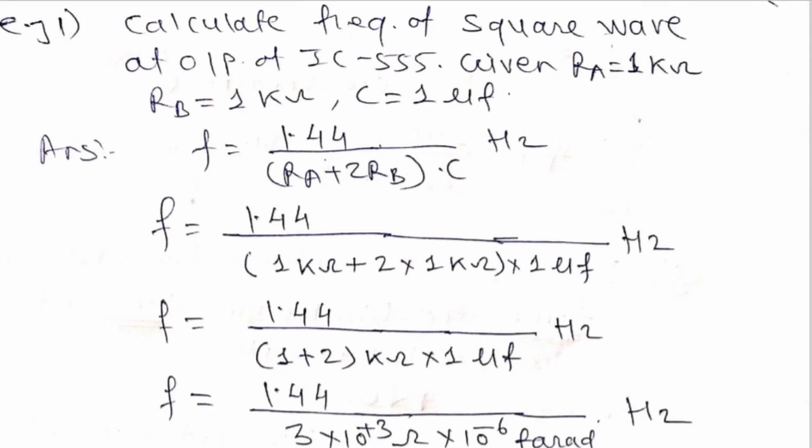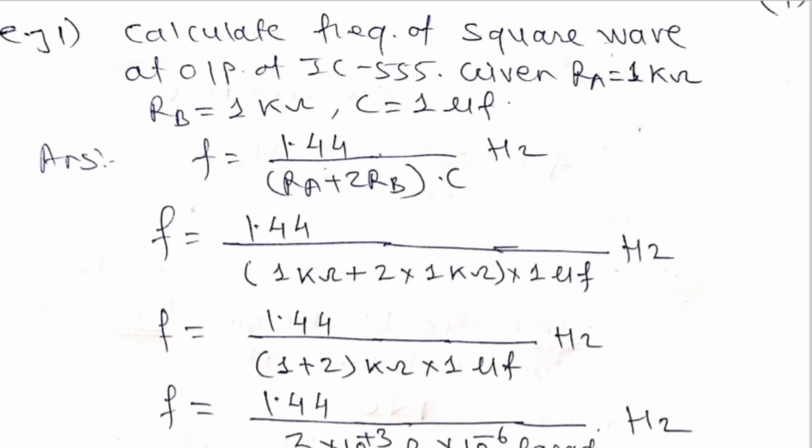Now last, I will take only one example. Calculate the frequency of the square wave at the output of IC555, given RA 1 kilo ohm, RB 1 kilo ohm, C 1 microfarad. The example is also very simple. Answer: F is equal to 1.44 divided by (RA plus 2 times RB) into C hertz.